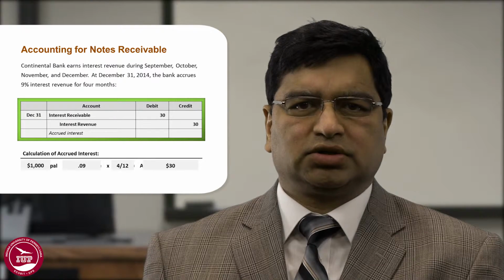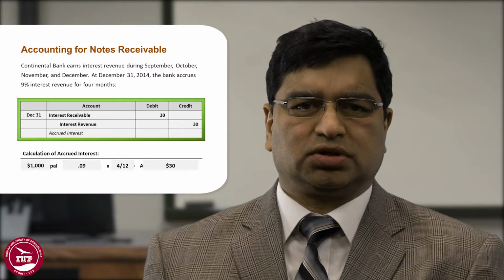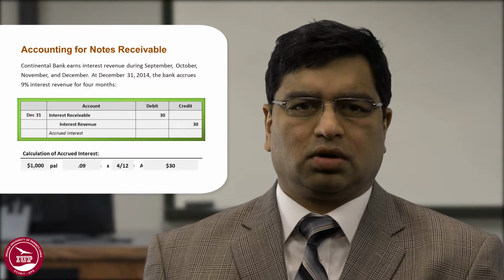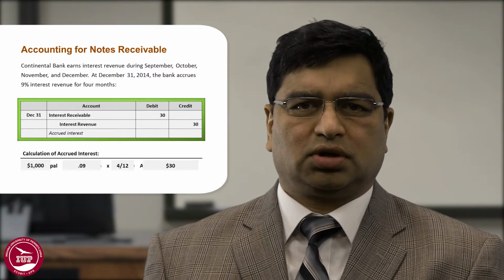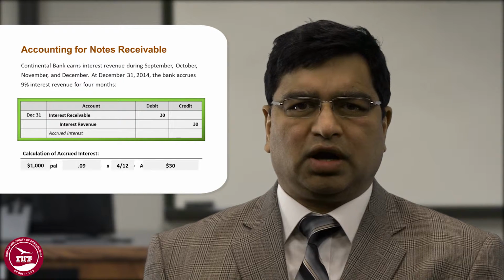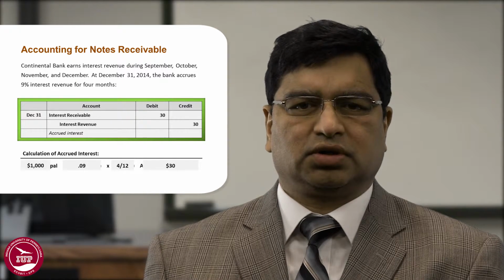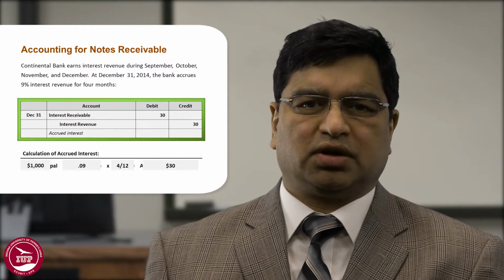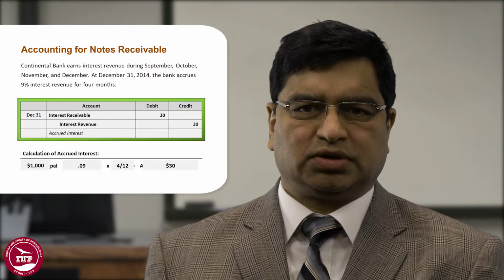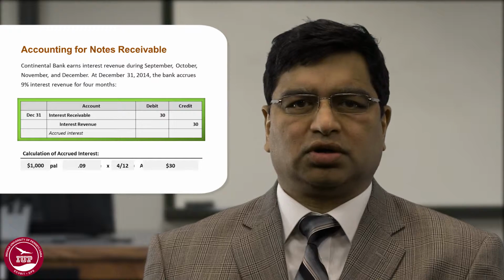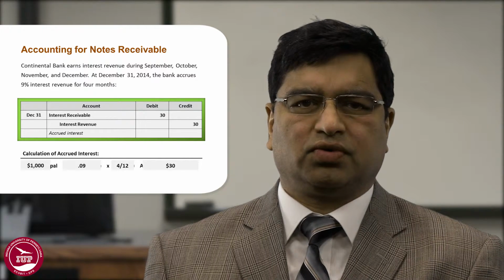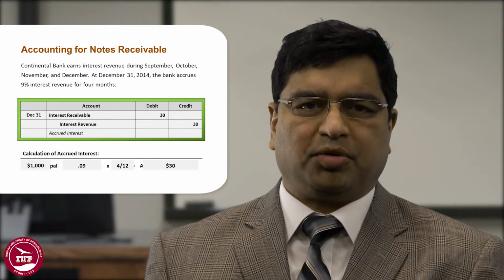Now, as far as the computation of interest is concerned, you've got $1,000 at 9%. Please note the time until December 31st, when the bank accrues the interest at the year end, is 4 months. So 4 months of interest will accrue from August to December 2014, although it will not be paid.